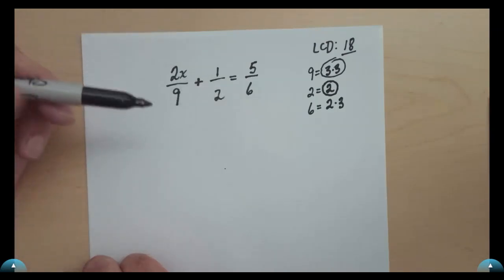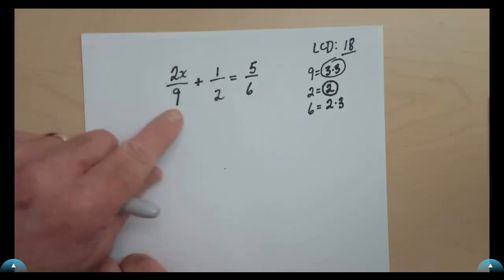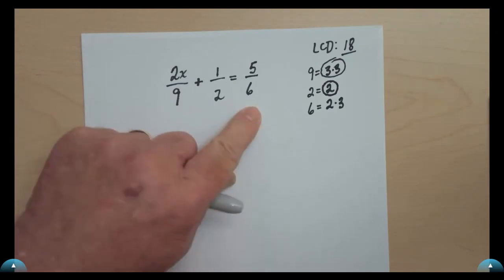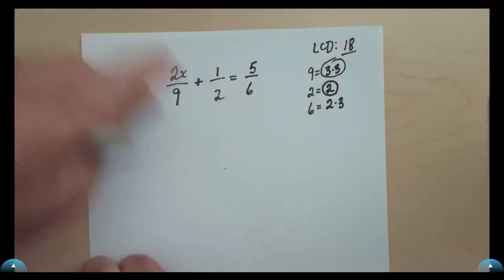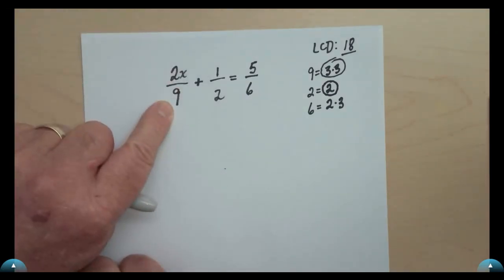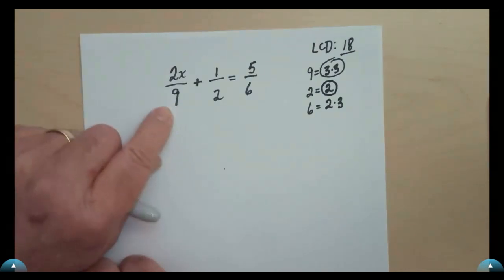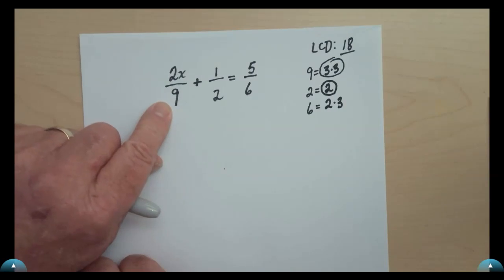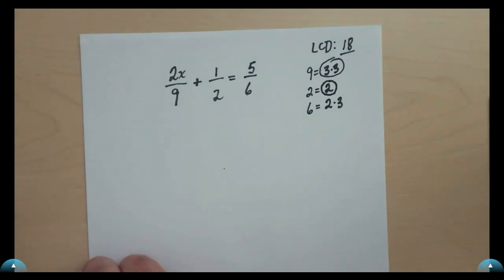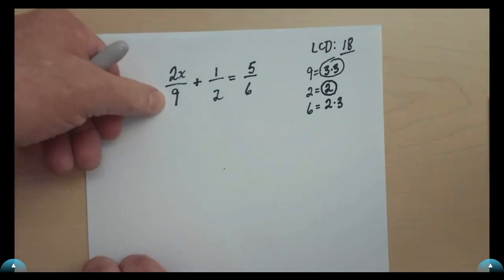We know that what we want is the smallest number that all of these divide evenly into. That number has to be at least as big as our biggest denominator, right? 9 won't divide into anything smaller than itself. Not only that, it has to be a multiple of that biggest denominator, because, for instance, 12 is bigger than 9, but 9 doesn't divide into 12.